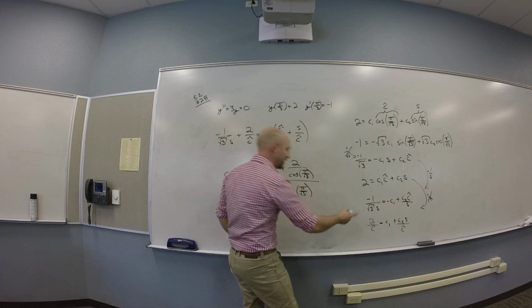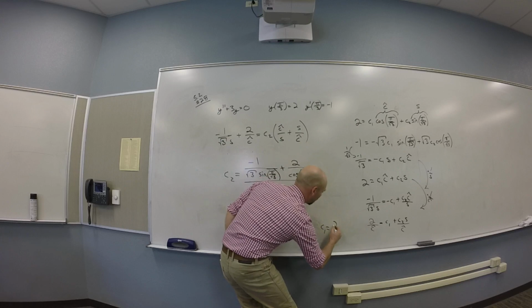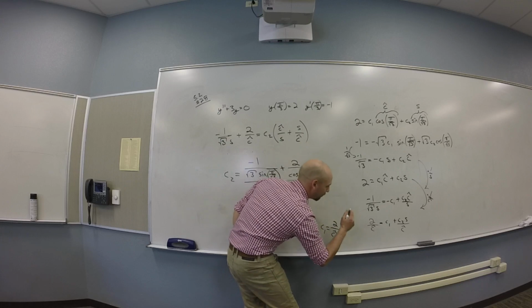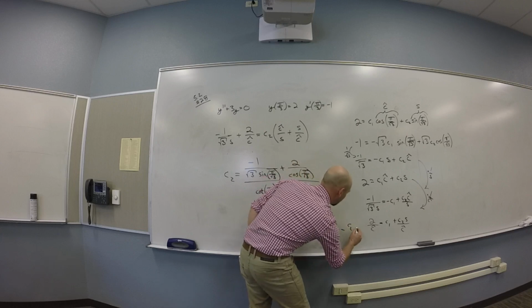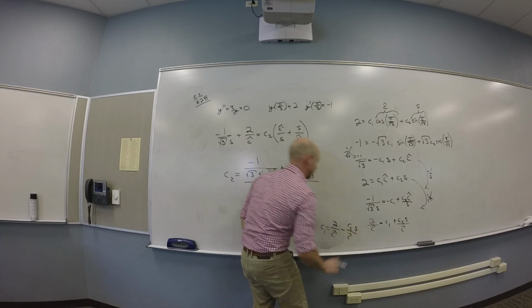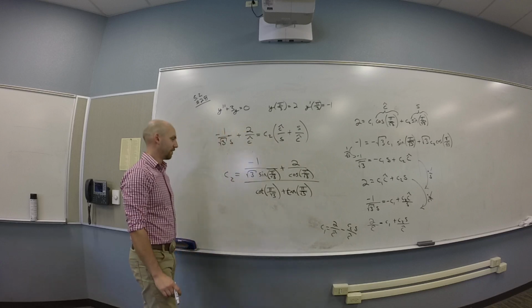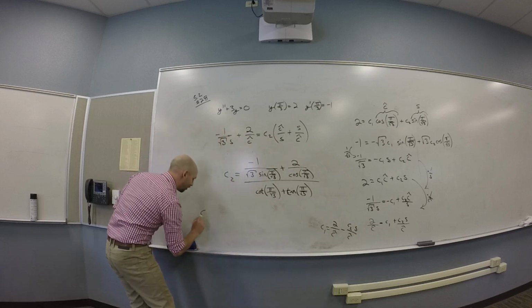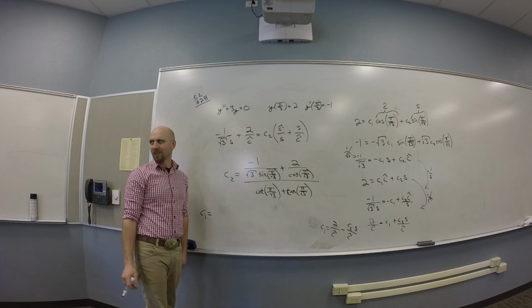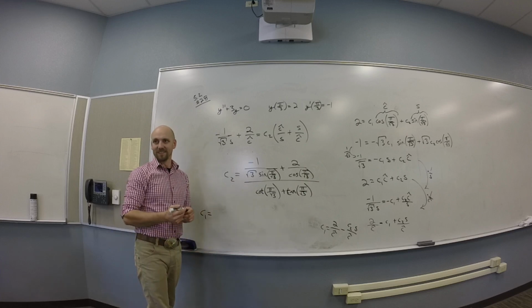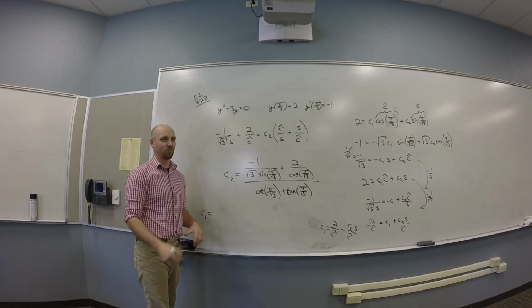So if you solve that for C1, I think you get C1 is 2 over the cosine thing minus C2 sine over cosine thing. So I think you could write what C1 is here. This is just horrible algebra. Like none of this is actually hard, it's just really annoying to do.